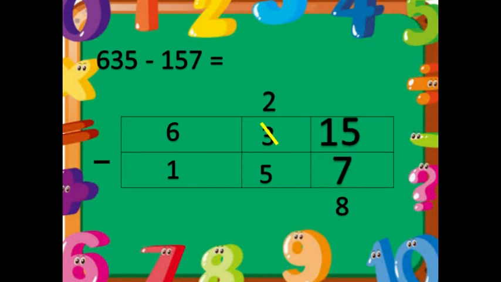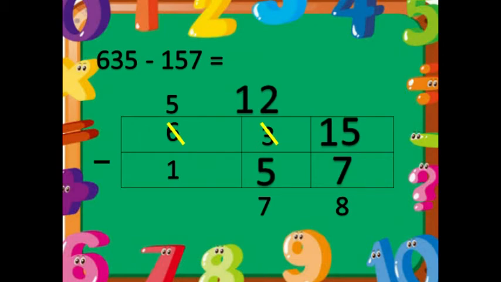In tens, we have 2 and 5. Again, 5 is bigger than 2. That's why we can't subtract 5 from 2. So what we are going to do is borrow 1 from 6. 6 will become 5, and then we will place 1 into 2. So the 2 will become 12. Now, 12 minus 5 is equal to 7.